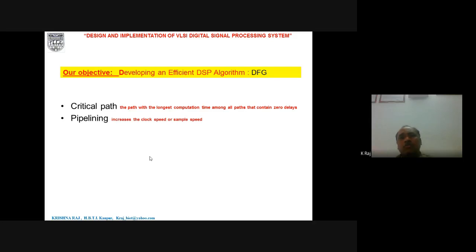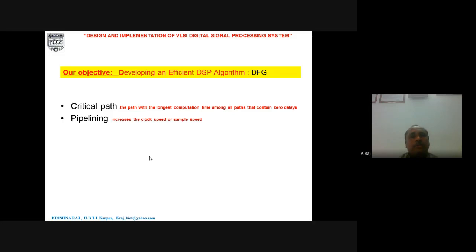Among these paths, the longest will be considered the critical path. And during sampling, we will select the sampling time period to be at least equal to this critical path length. In order to enhance the performance of the algorithm, naturally the critical path length has to be reduced here.